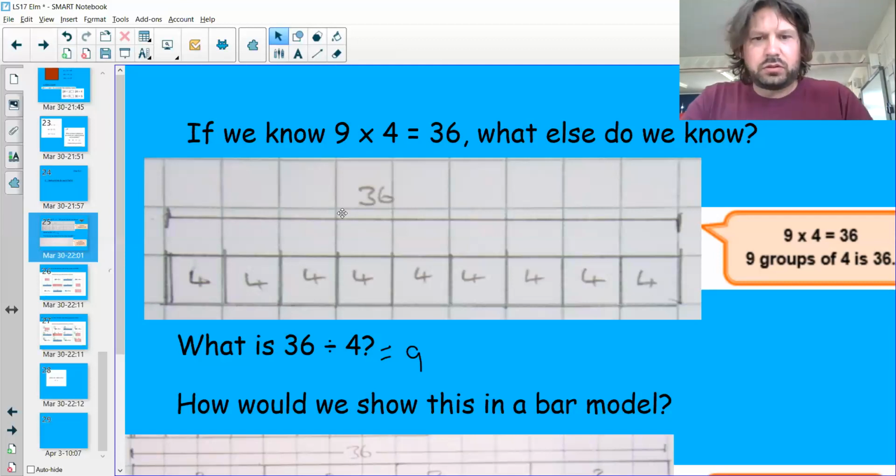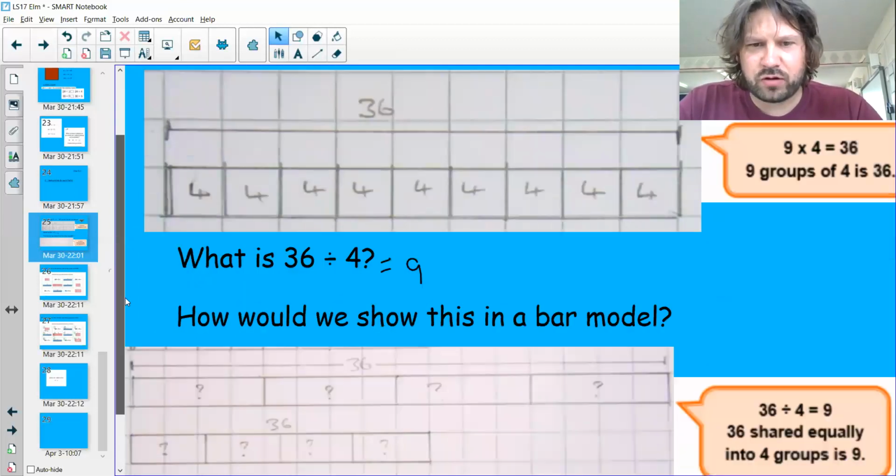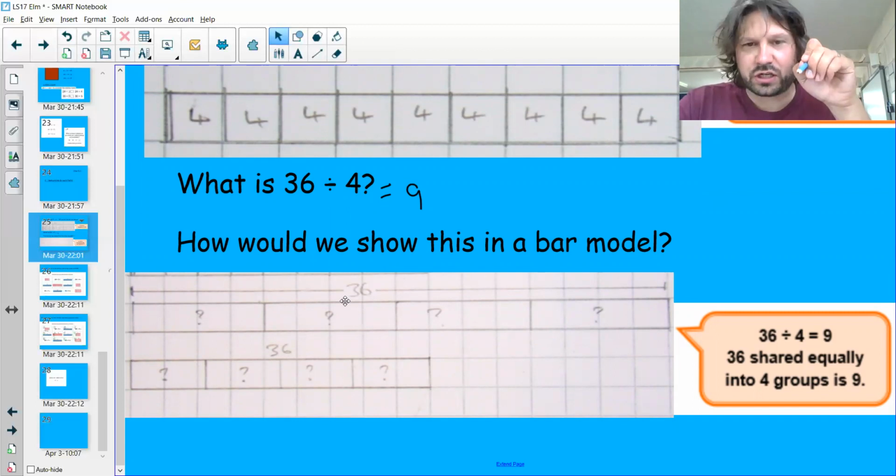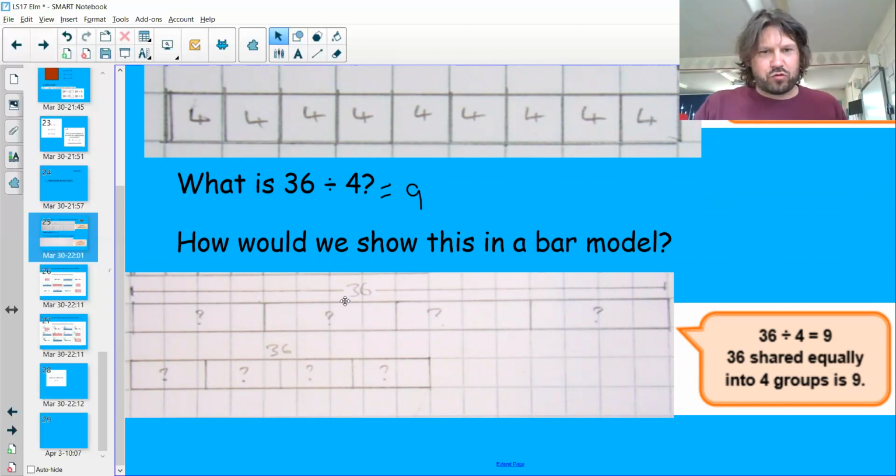So you can see it looks very similar to the one on screen. If we do 36 divided by 4, we're going to show that on screen like this. It's the same idea, but there is a division in a different place. This time I'm drawing using my squares.